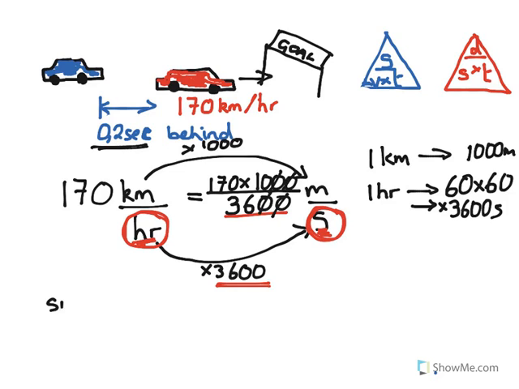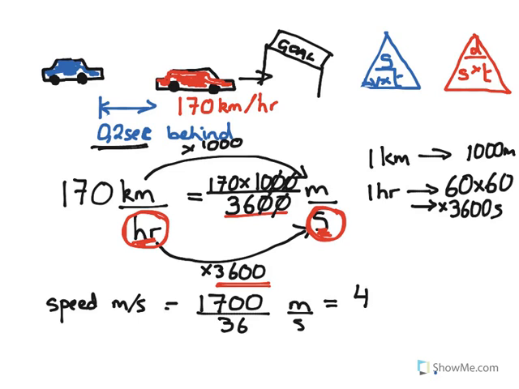So the speed in meters per second will end up as being 1,700 divided by 36 meters per second. And just plug those into the calculator and it gives you a speed in meters per second of 47.2 meters per second.